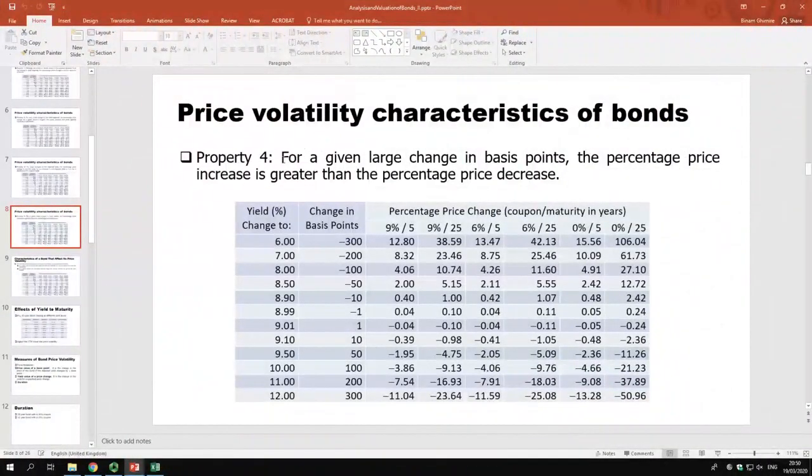So property 4 says, for a given large change in basis points, the percentage price increase is greater than the percentage price decrease.